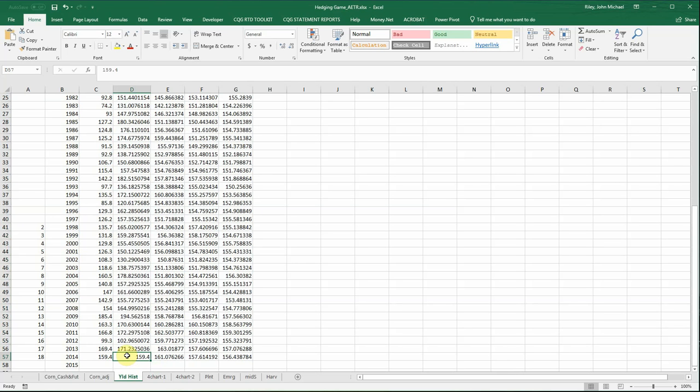So all of this is trend adjusted based on year, and is driven off of the 2014 technology. So I've got trend adjusted yields in the next column over from the actual yields, and those are the yields that are used in the game.